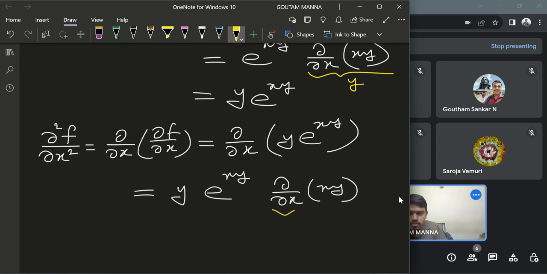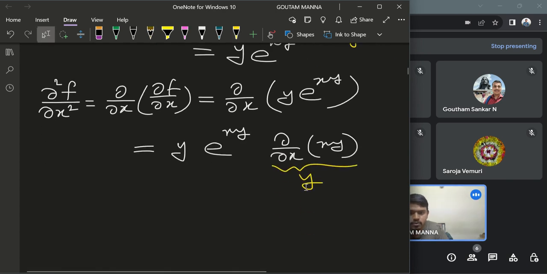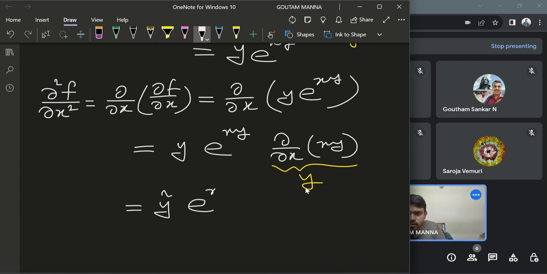This term is as before, that is y, so y square e to the power xy.